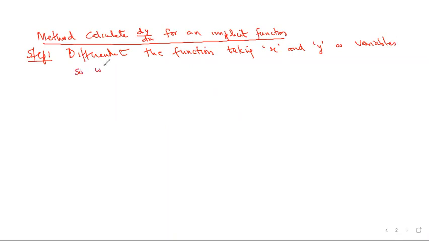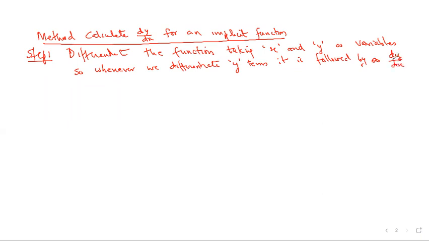So whenever we differentiate a y term, it is followed by a dy by dx. Do you agree with that?